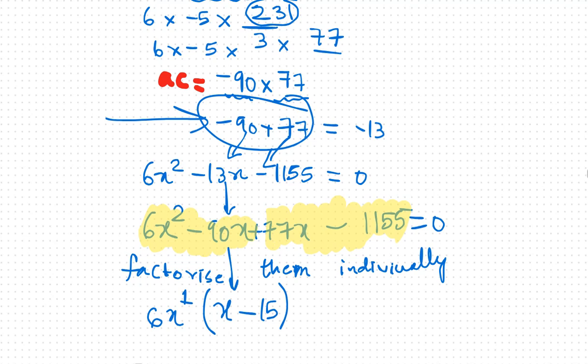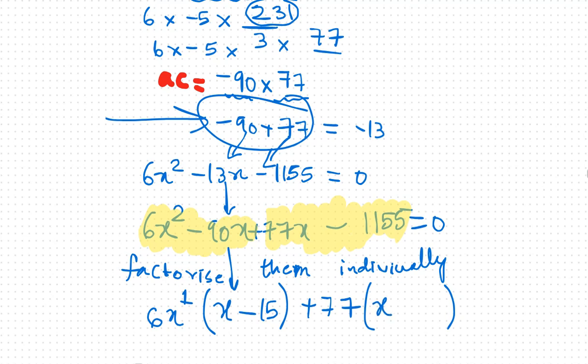Like that, we have to deal with the second one separately. So I have to do negative 1155. You can do 77. So you can take out 77, right? If you take out 77, what is left?